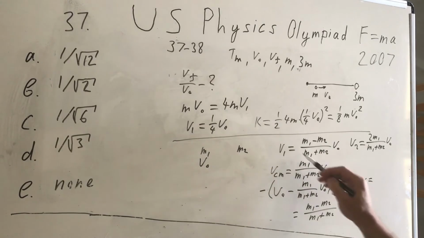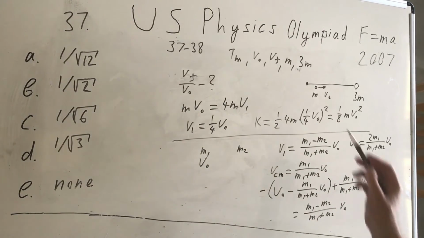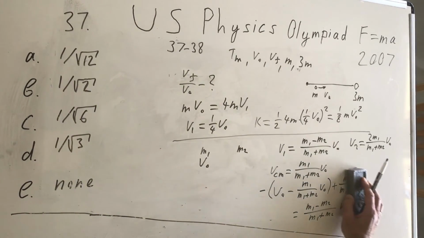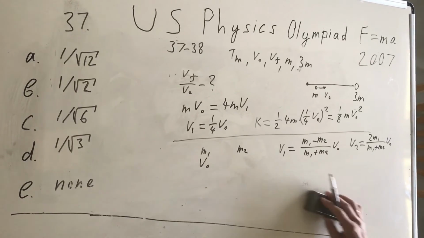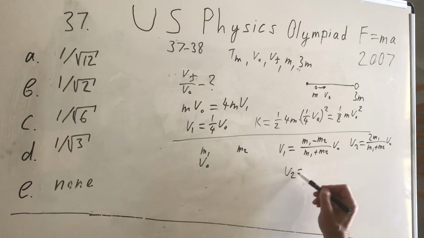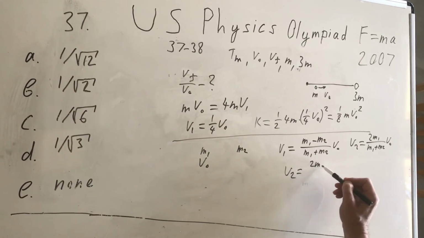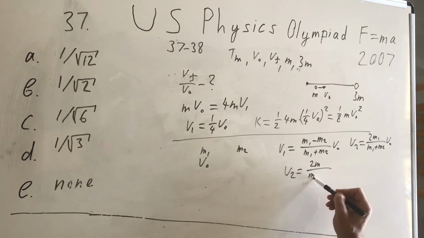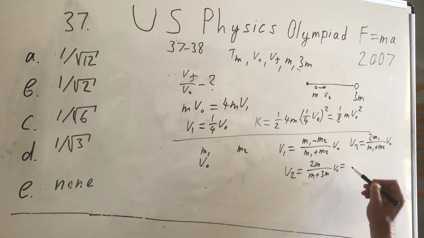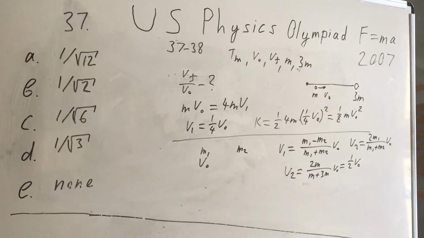So that's this one. Now we can use these formulas to count the velocity of the second mass after collision. We have v2 equal to 2 m1, which is 2m, over (m plus 3m) times v0, which is 1/2 v0.